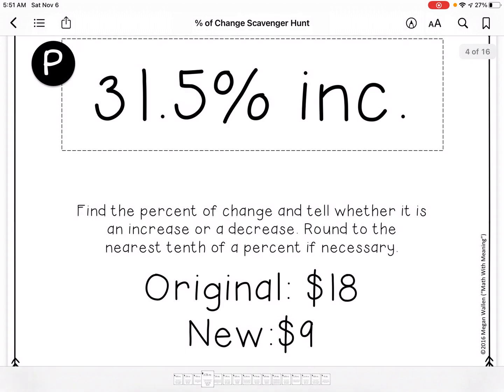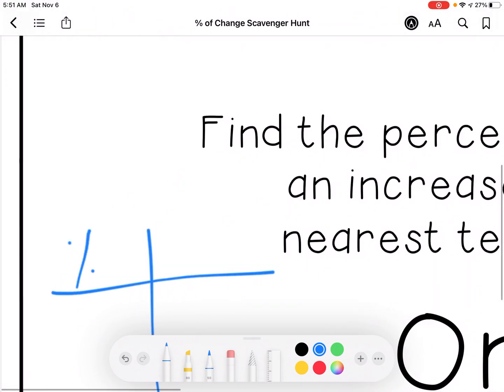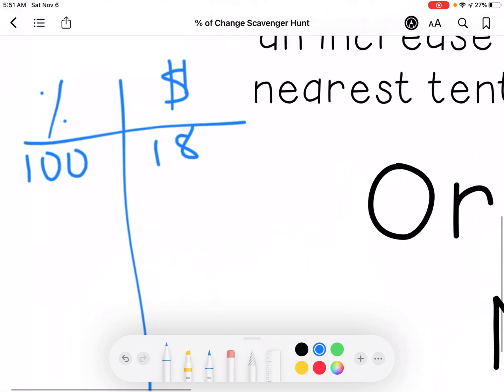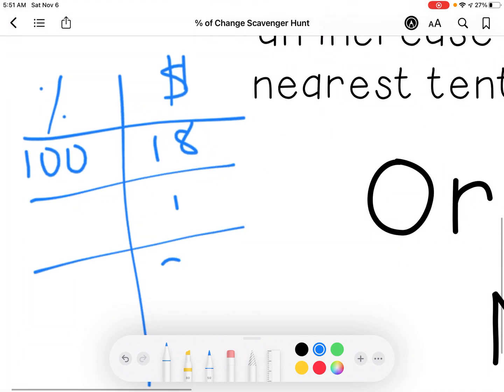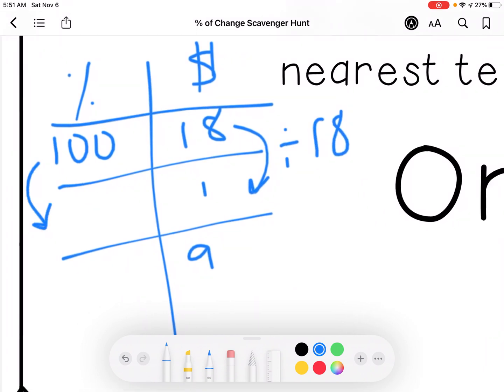All right. They want us to find the difference between the original and the new. So the original is $18, and then it went to $9. So they want to know the percentage change. So I'm dividing by 18. So remember, whatever you get, you just leave it in the calculator.